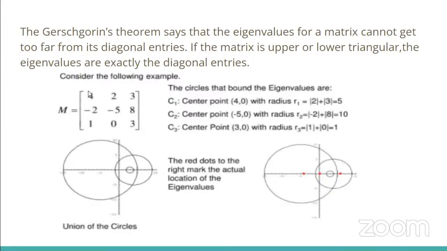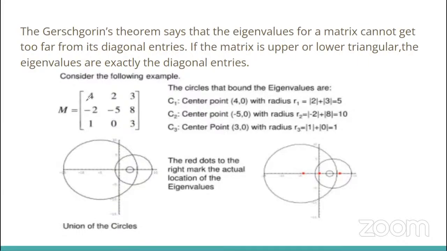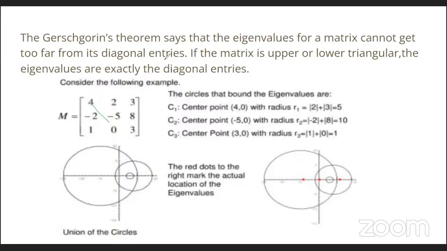We are going to get our radius, which is our r, which we are looking for. Let me annotate. Let's assume this is our diagonal: 4, -5, and 3.